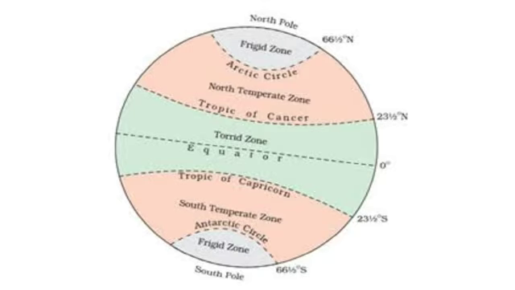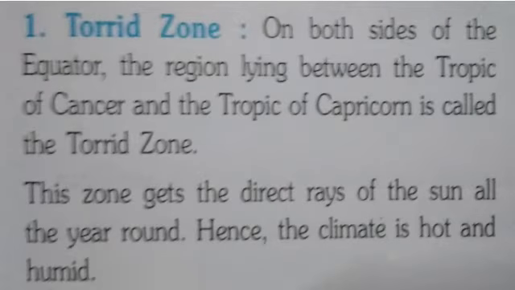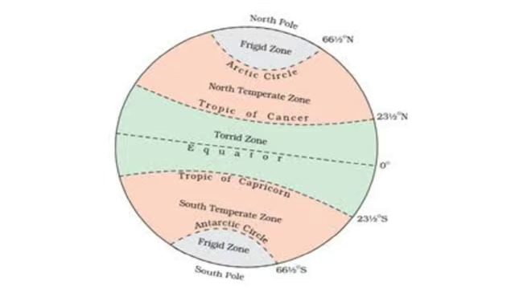So children, the first zone is torrid zone. On both sides of the equator, the region lying between the Tropic of Cancer and Tropic of Capricorn is called the torrid zone. This area, the green area, is known as torrid zone.